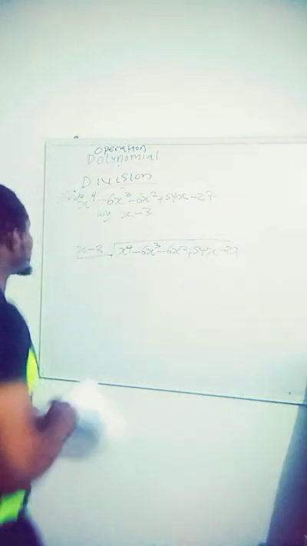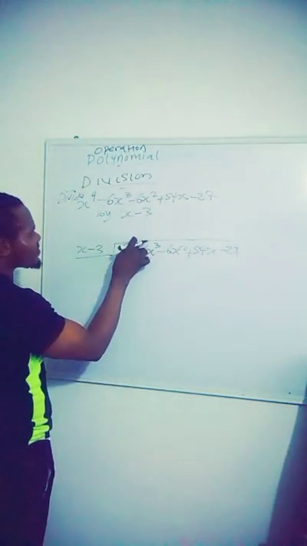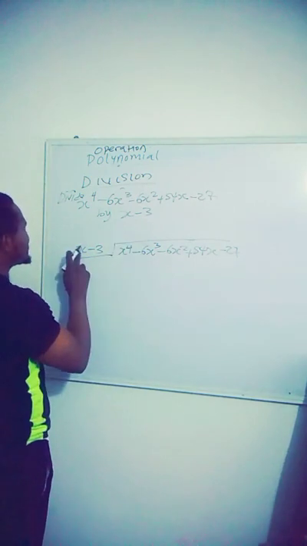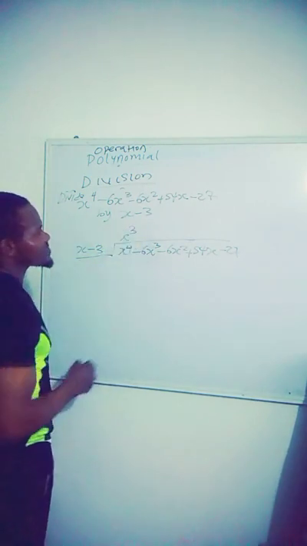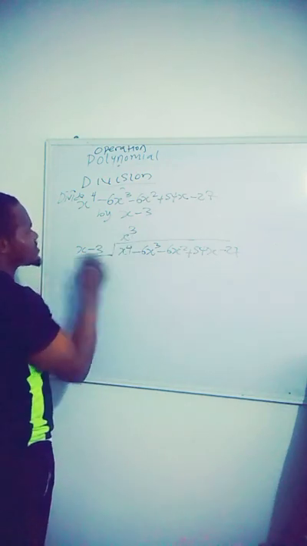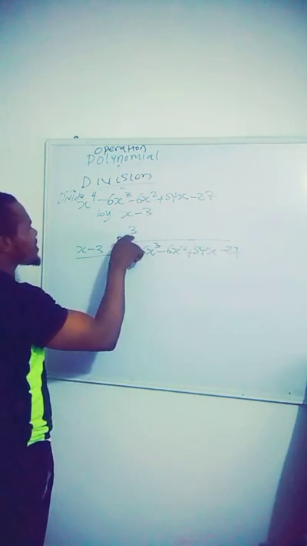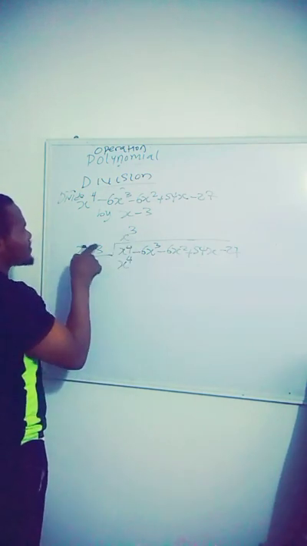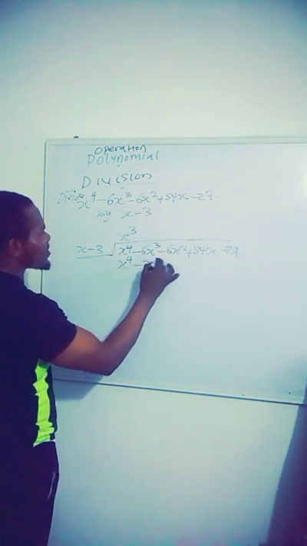So let's solve. So x divide x raised to power 4 divided by x. That will give you x raised to power 3. So x raised to power 3 times x, that will give you x raised to power 4. x raised to power 3 times minus 3, that will give you minus 3x raised to power 3.